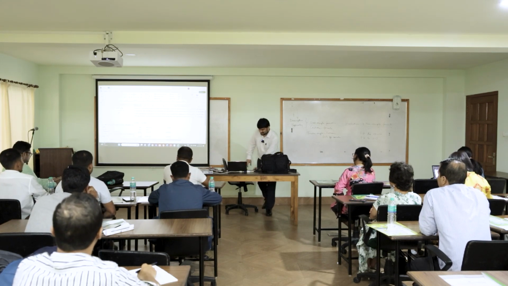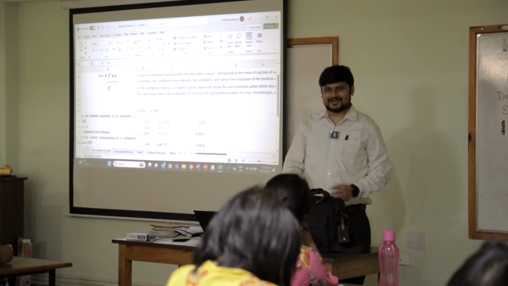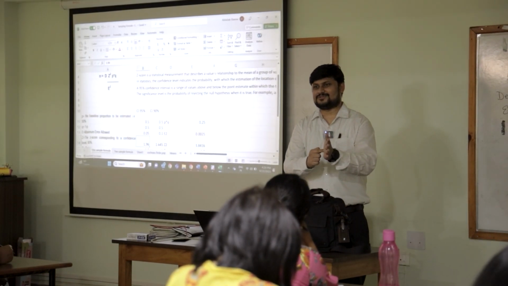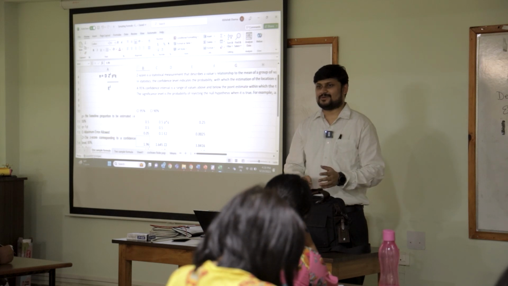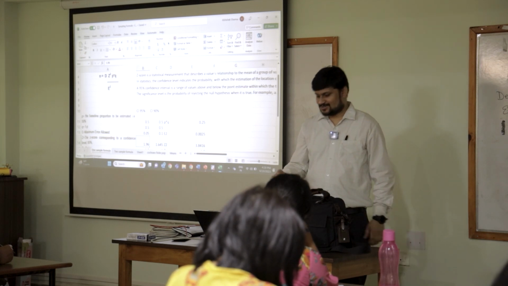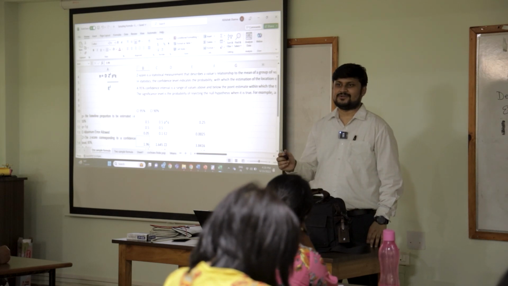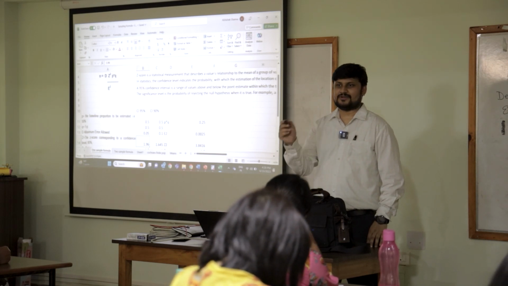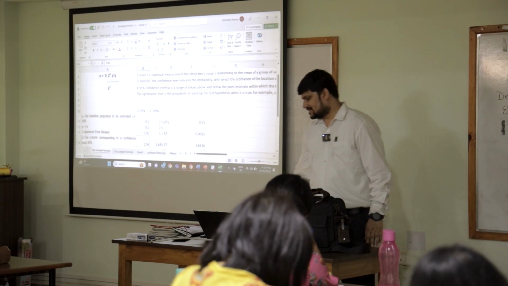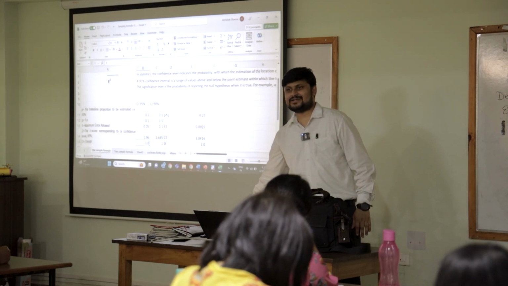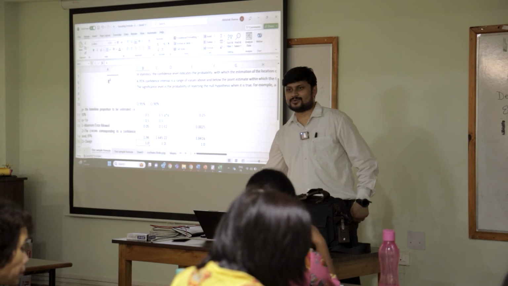Instead of looking into the log tables and z tables anymore, we can simply Google these days. Just Google the z-score corresponding to a 95% confidence level, or the z-score corresponding to a 5% significance level. You'll get this value, 1.96, in the z table, or if you want, you can look into the tables also.